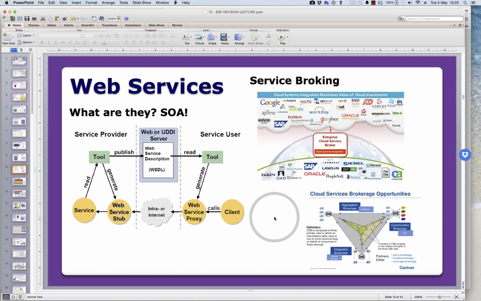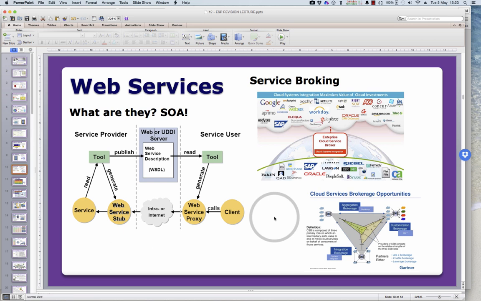The use of web services as business processes and the business process repositories that lots of companies have, because web services are effectively the company and how it works, has led to a number of entities being set up. Now, it could be that your CIO was a cloud services broker or a service broker, because some of these web services are running in the cloud.